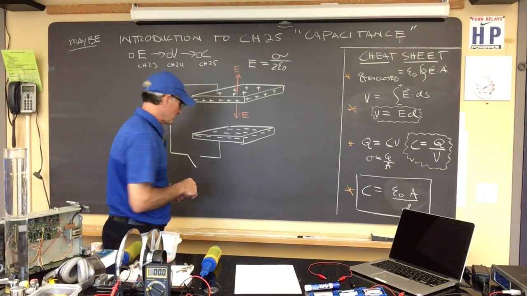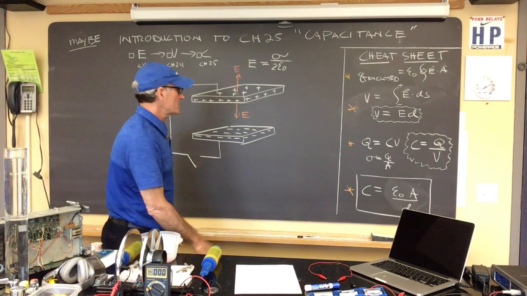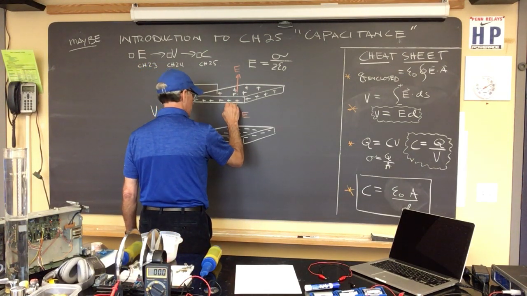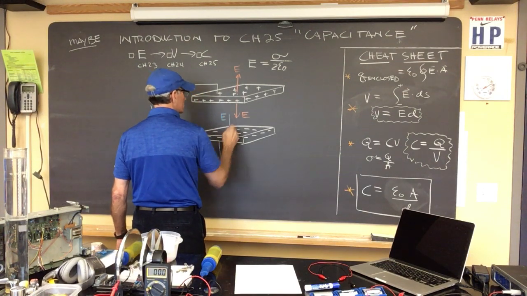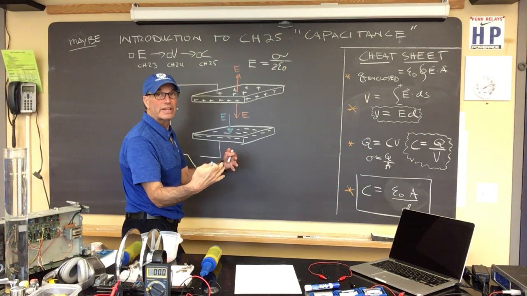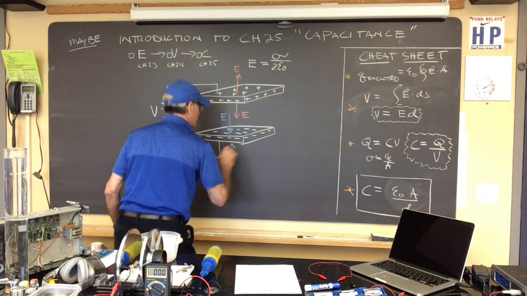Aside from the edge effect, inside between these plates the electric field is uniform. Now I'm going to take a piece of blue chalk to represent the electric field due to the lower plate. So think about this. There's the electric field due to the lower plate. Electric field lines radiate inward toward negative charges, and there you go.